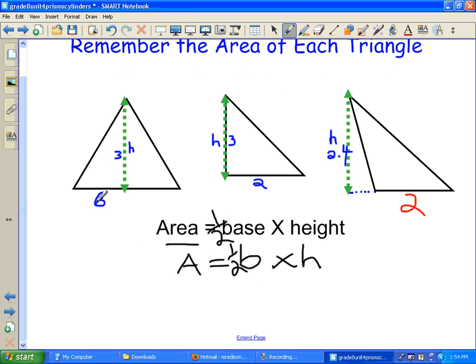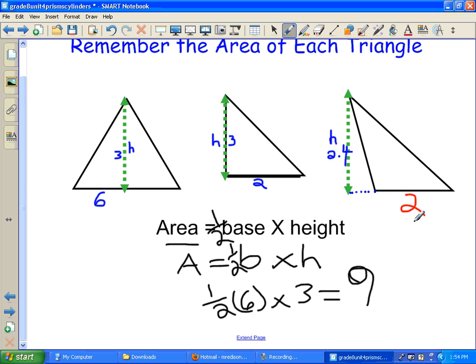So in this first one here, let's take half of 6 and then times it by the height of 3. So half of 6 is 3, times it by 3 and you will have 9. If we take this one, half of the base, here's the base, half of the base is 1. 1 times 3 is 3.